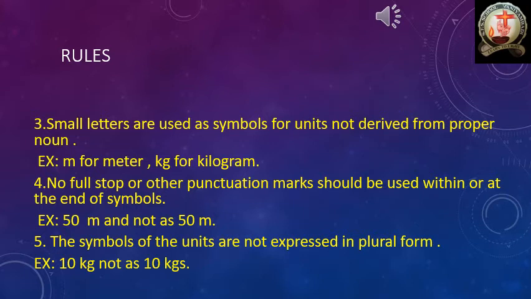We have to use kg as a single term, not plural form. We should write 10 kg, not 10 kgs. We use only the single term, not the plural. This is the explanation of the fifth point.